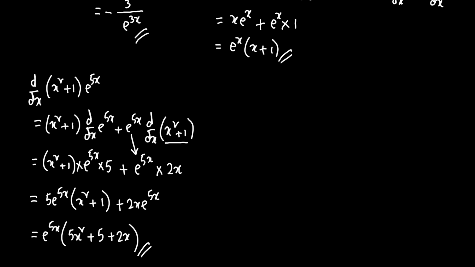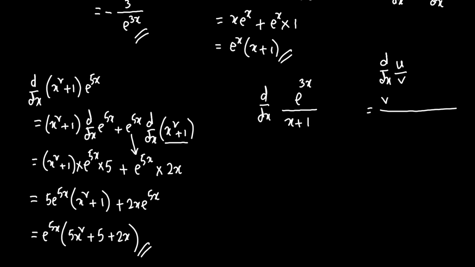Let's go for the application of the quotient rule in dy dx. So we are considering another term, e to the power 3x, divided by x plus 1. How to do that? We need to apply here the uv rule, the quotient rule: v du by dx minus u dv by dx, the derivative of v, divided by v square.